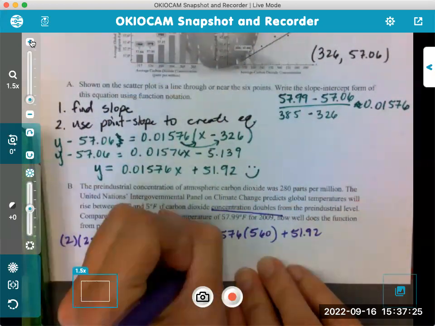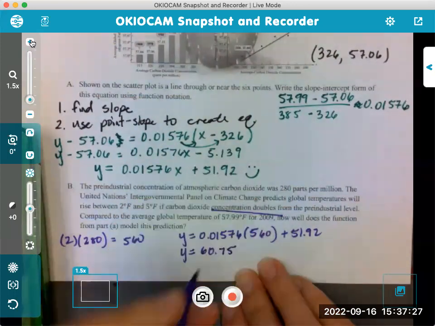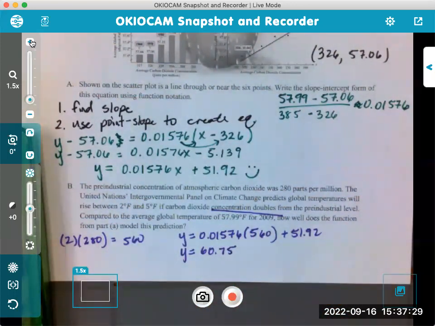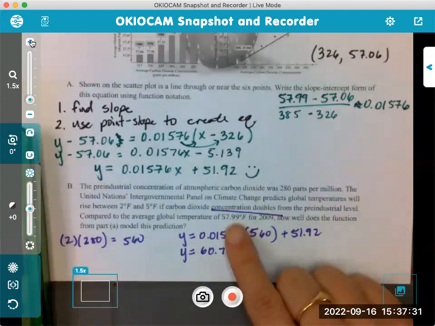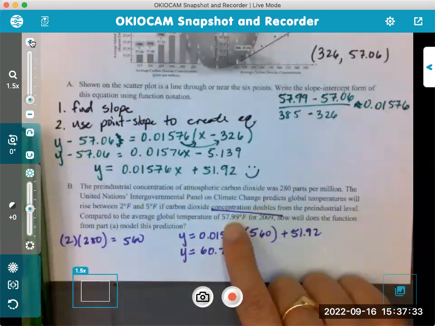So y equals 60.75. So now we compare this to the 57.99.